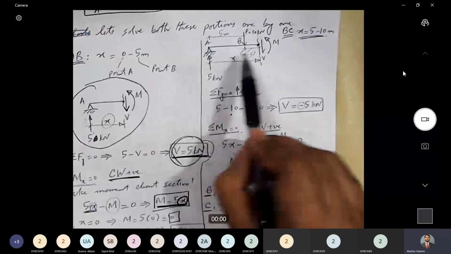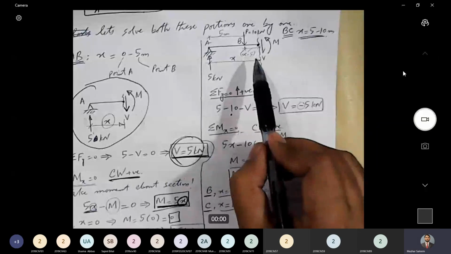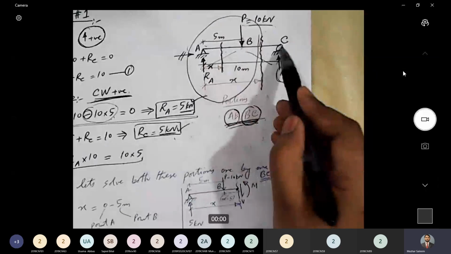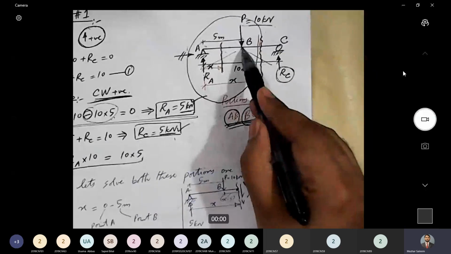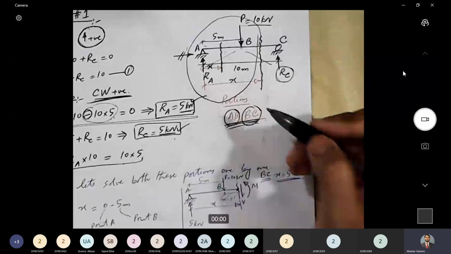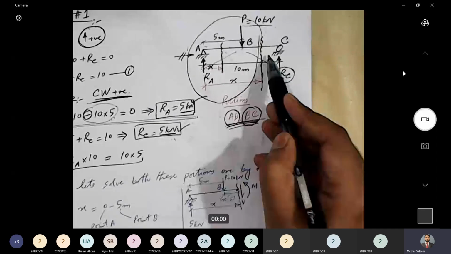This is a free body diagram for portion BC. Now, one clarification here is some of the students think that when we are talking about portion BC, we will only draw the free body diagram of portion BC part. But if you recall the basic definition of shear force and bending moment, for shear force, we said that it is the algebraic sum of all the transverse forces acting either on the left side of the section or on the right side of the section.